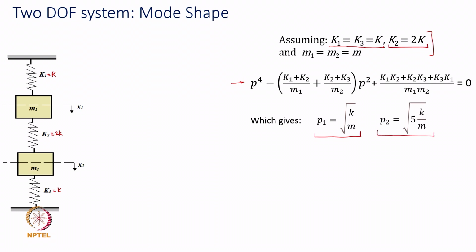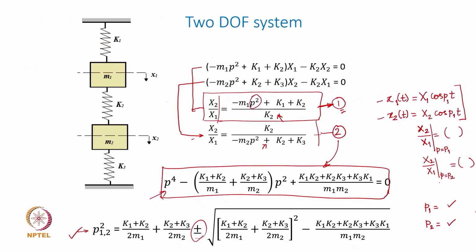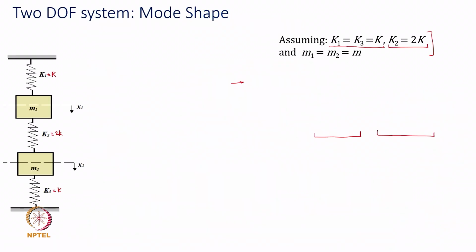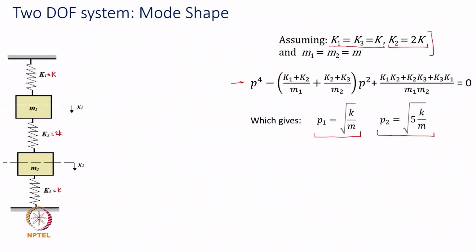You can try it out yourself, but these are the two natural frequencies. Instead of solving this quadratic equation, you can directly substitute these values into the frequency equation. Using this equation also you can get the two expressions P1 and P2, and you will definitely get the same answer.